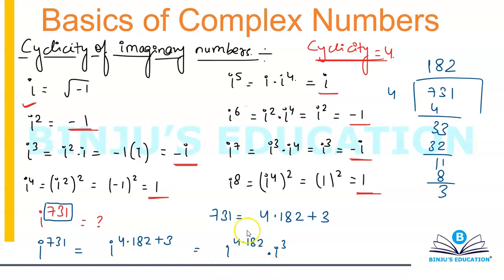Now I'm going to segregate both these parts, and I can rewrite this as iota to the power 4 to the power 182 into iota cube. Again, I've used the basics of exponents. For example, if you have a to the power m into n, then this can be written as a to the power m whole to the power n.